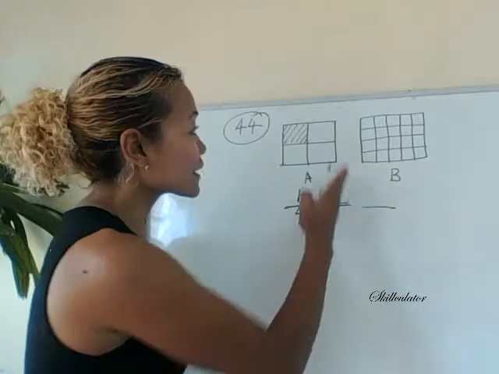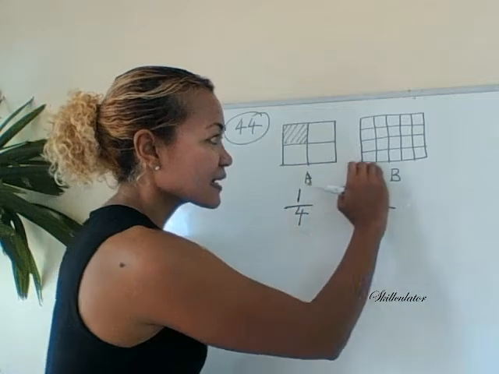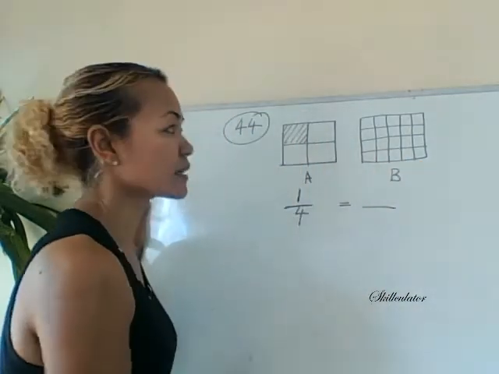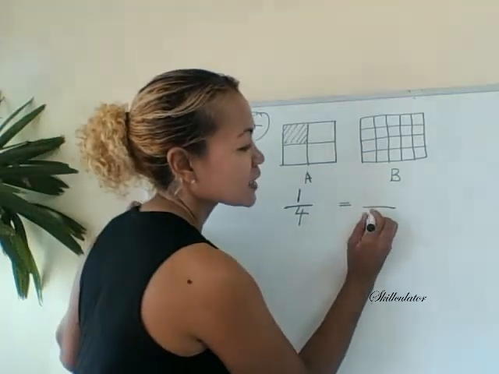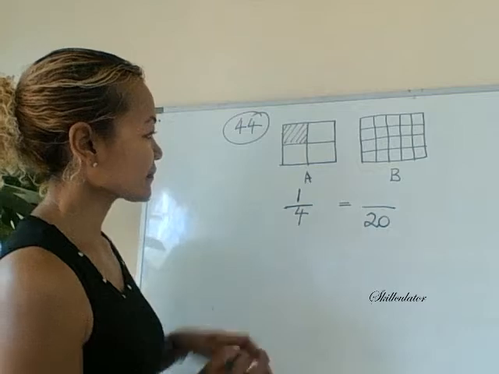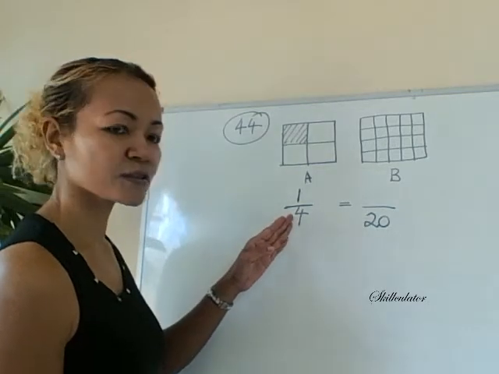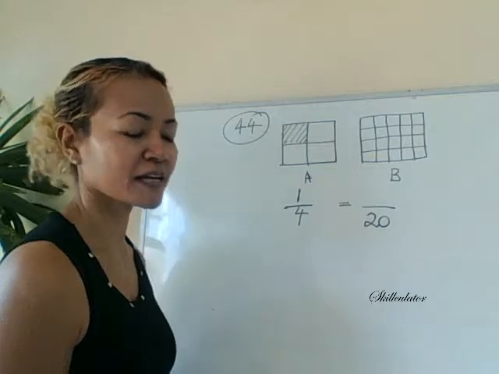But I'm telling you now, when you have a divided space like that, you just count down this side, count over this side, and multiply the two numbers. 4 times 5 is 20. So you have 20 possible squares. 1 over 4 possible squares is shaded. What over 20 possible squares is shaded?